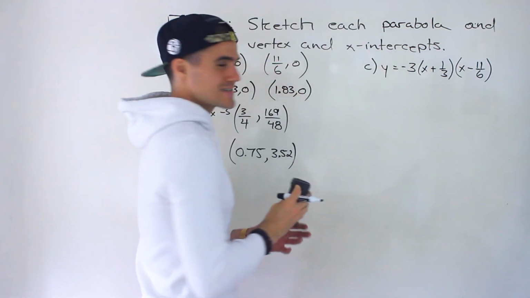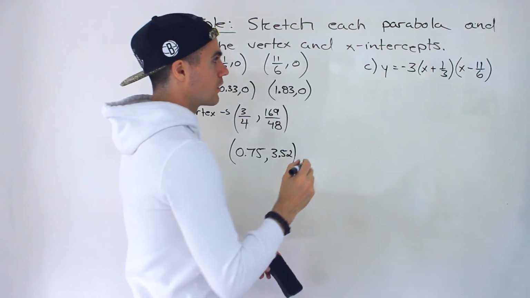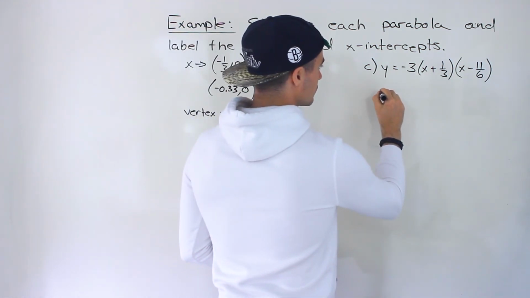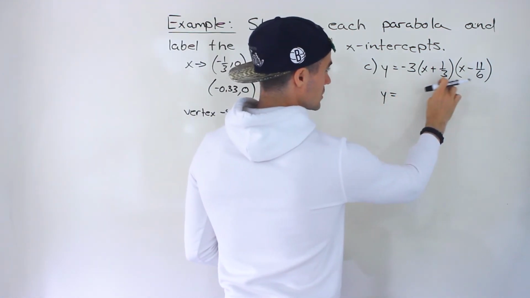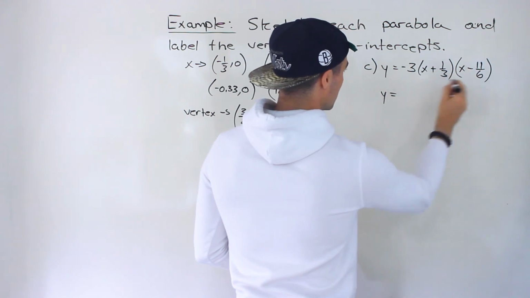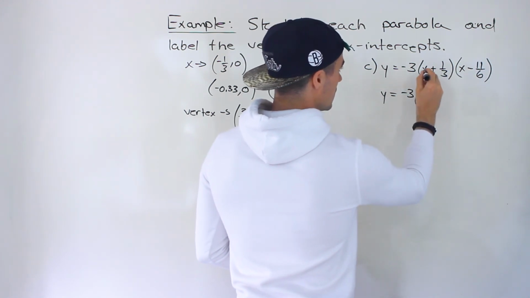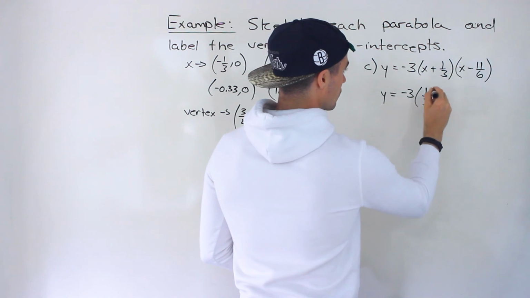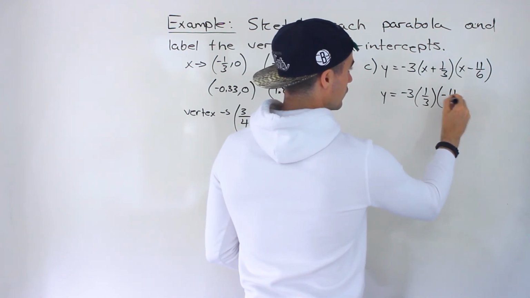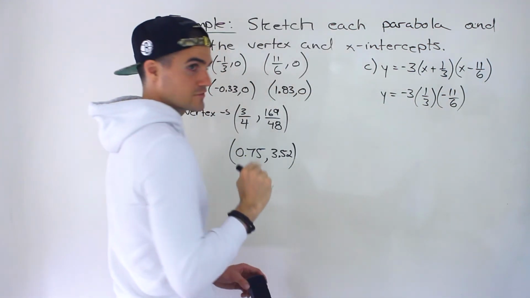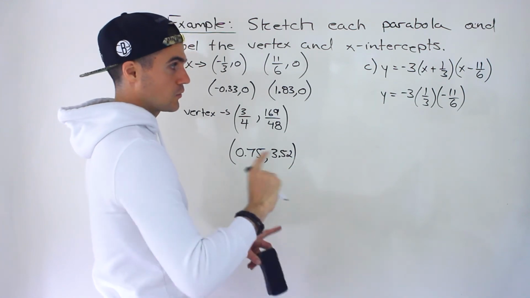All right, and then let's, even though it's not required, in this case, the y-intercept is going to be a more cumbersome calculation because we have these fractions here. They're not numbers, but it's still all good. So plug in 0 for x, so we'll have 1/3, -11/6. After plugging in 0 for x, we're getting the y-intercept.